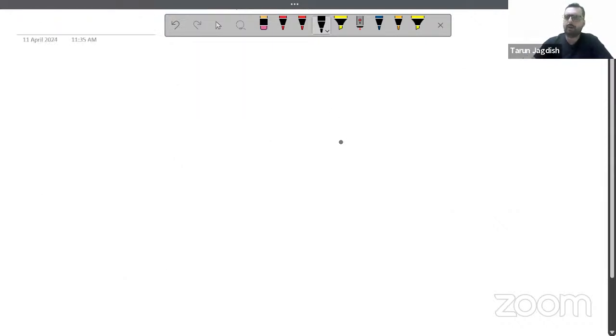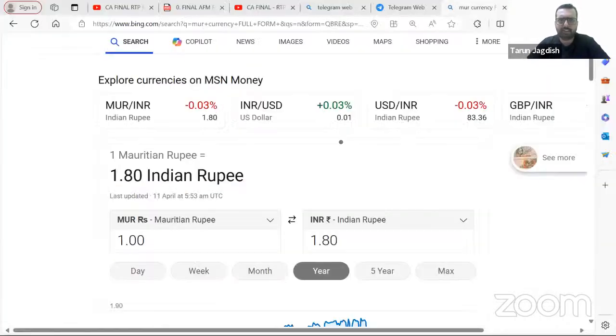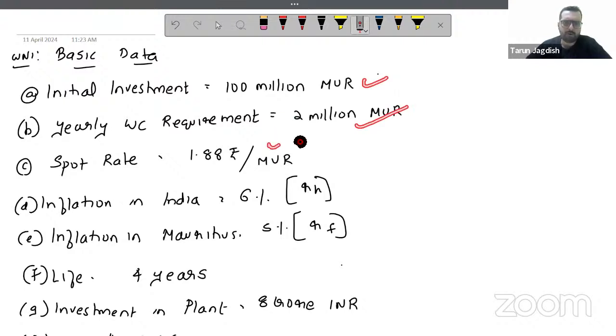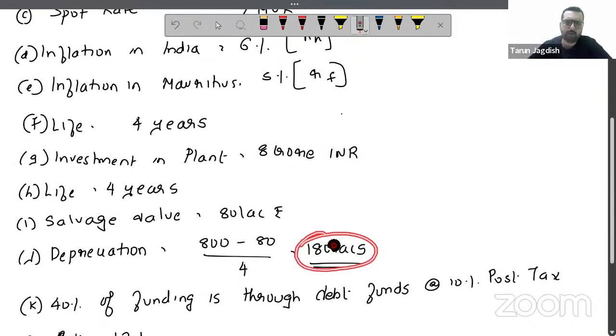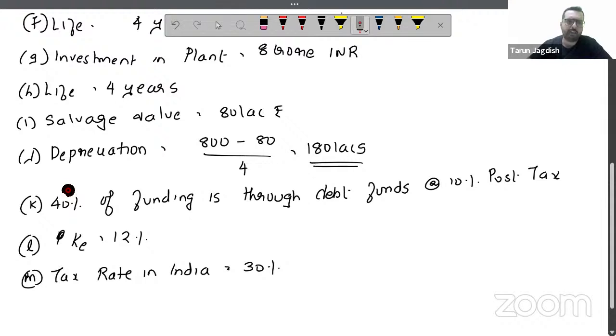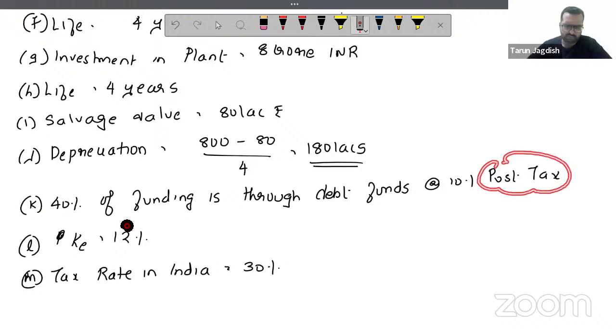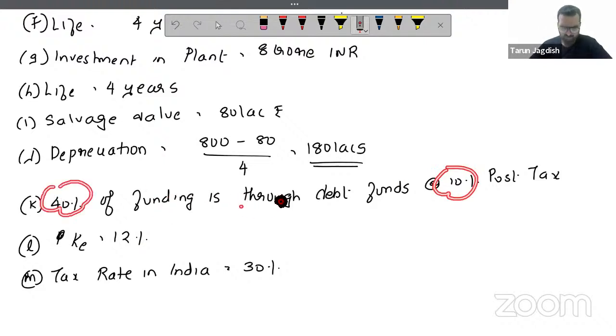Now I'll go to the next part. Let's read the basic data again and see what's available there. Initial investment we covered. This is done. Spot rate also, we could find out the forward rate. Life is given, so we got the depreciation value also. Now they are saying 40% funding is through debt at the rate of 10% post-tax. So friends, KE is also given, KD is given, weight of debt is given, weight of equity is also given.